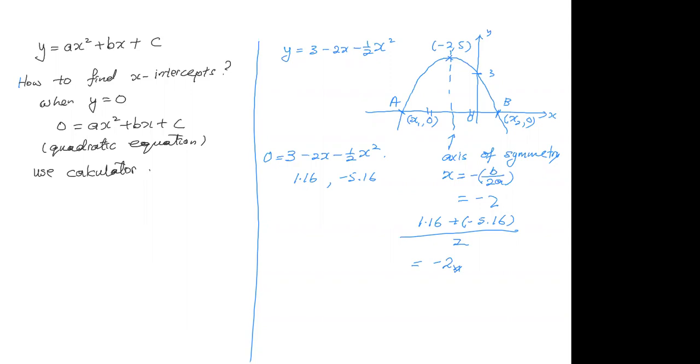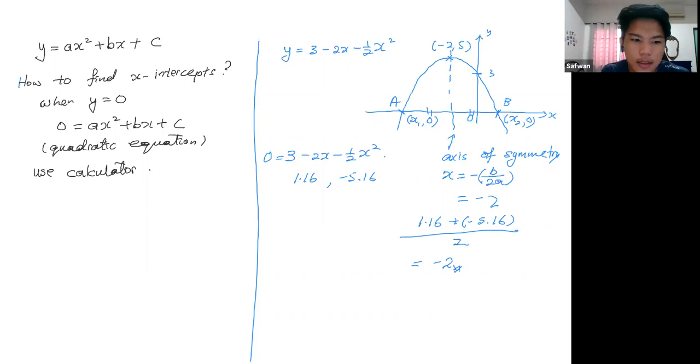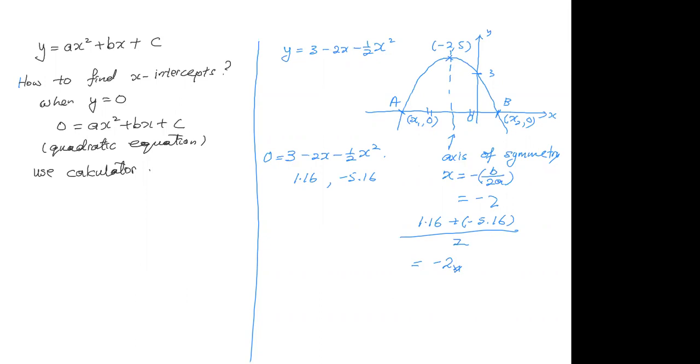Okay, now, if I don't have a scientific calculator, then how am I going to get the solution for this? Factorize. I don't think this one can be factorized. Am I right? Okay. Let me see whether I can factorize or not.